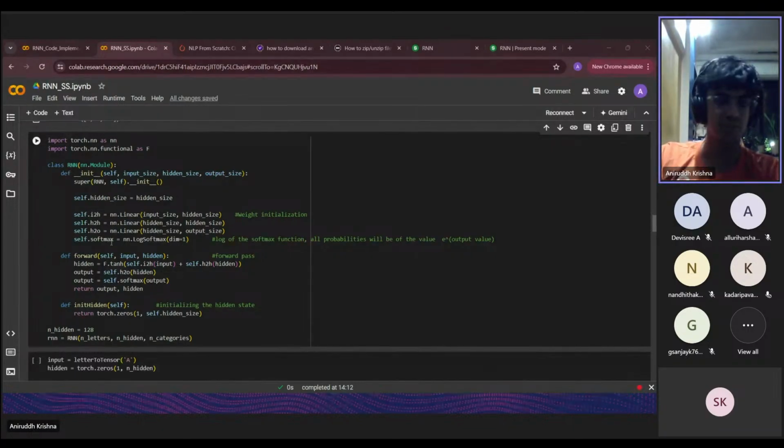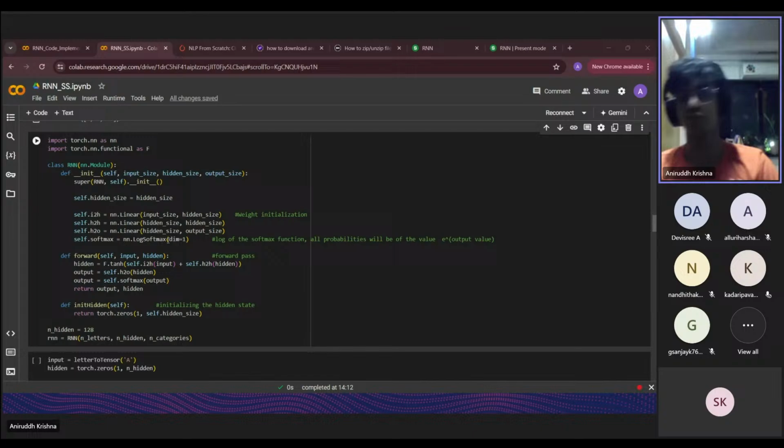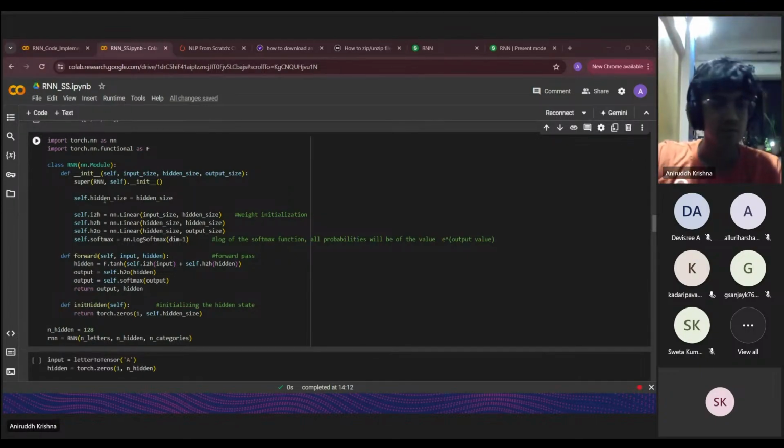Then the softmax function, where I've used a log softmax, which is basically just the log of the values that we get as probability. Whatever values we get at the end when we predict, we just raise e to the power of that value and we get the probability. We also define the hidden size in the constructor.